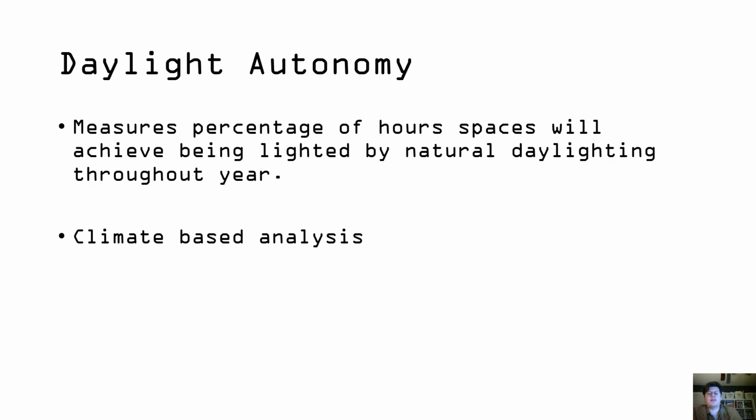We're not going to get too much into it in this assignment, because I do need to limit the amount I ask from you. But daylight autonomy in your Revit model can look at both electrical lighting and daylighting and provide ratio differences. We'll just be using daylight autonomy to say, what is the percentage of time spaces are being naturally daylit throughout the year? It's incredibly useful.